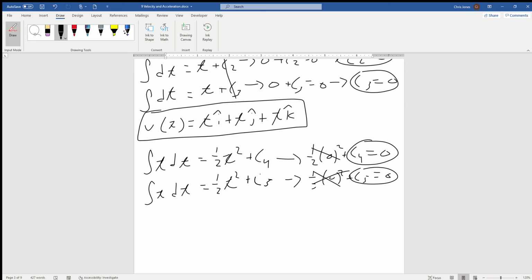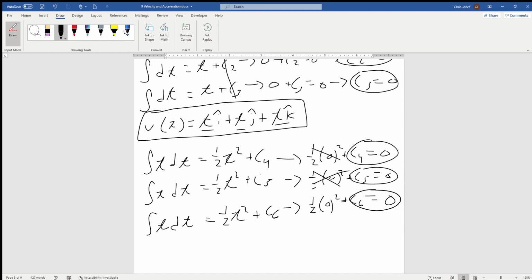And then finally, integral of t dt, 1/2 t squared. And again, all I'm doing is integrating each of these t's, which are the coefficients of i, j, and k. So even though I'm doing this repetitive process, it may be different in other problems. So we get 1/2 of 0 squared plus c6 equals 0. Right?